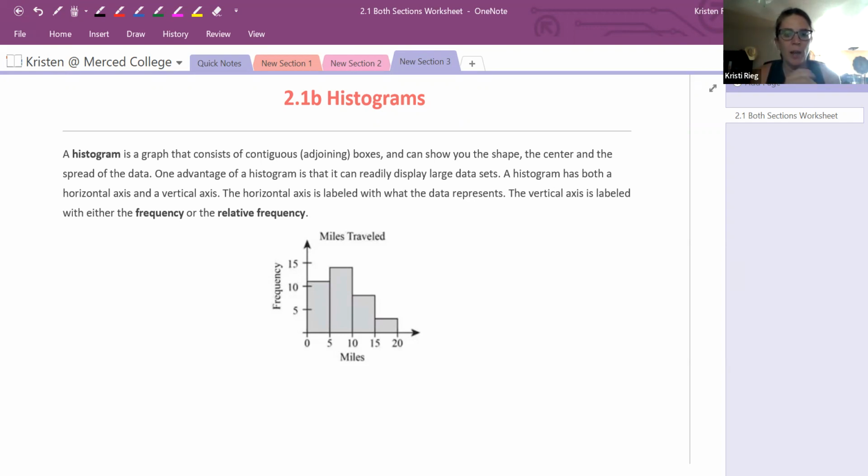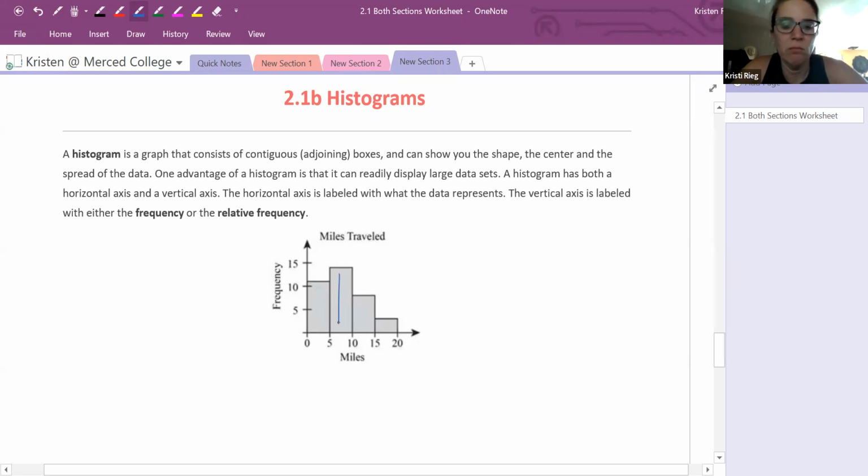But also, right now, I could see the frequency really easily, because you'll notice that the vertical axis has the frequency on it. And so I can see with more clarity perhaps than before that this is the tallest. And I can see that this one next to it is kind of close.